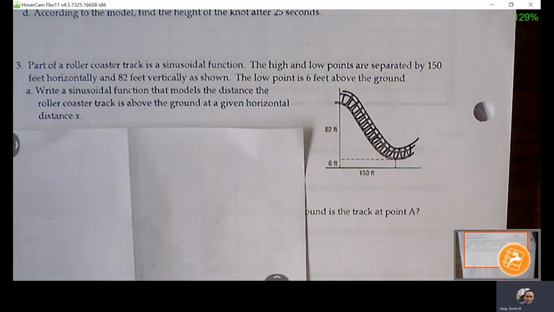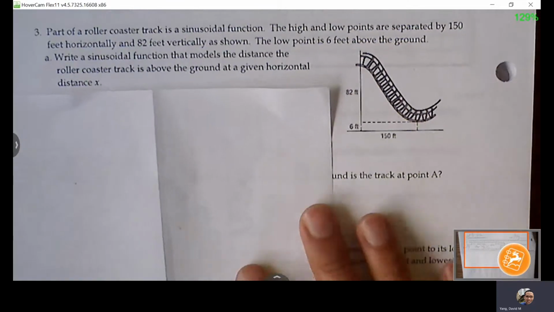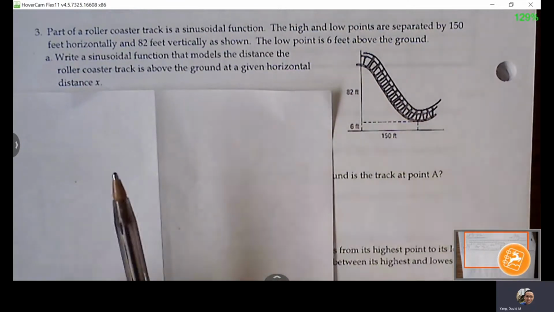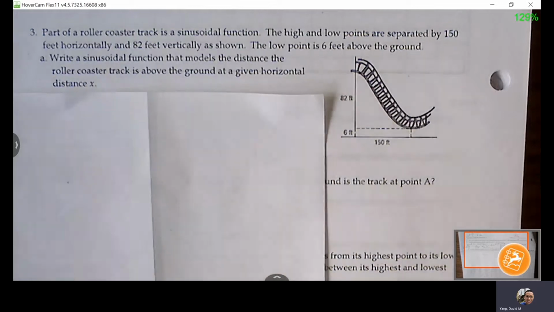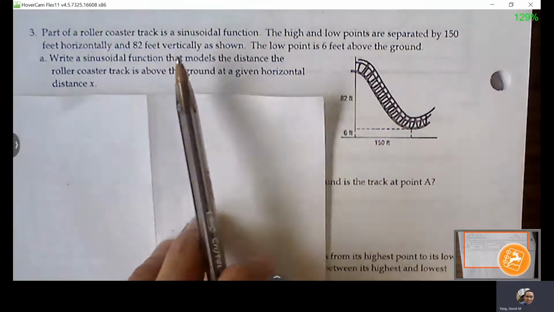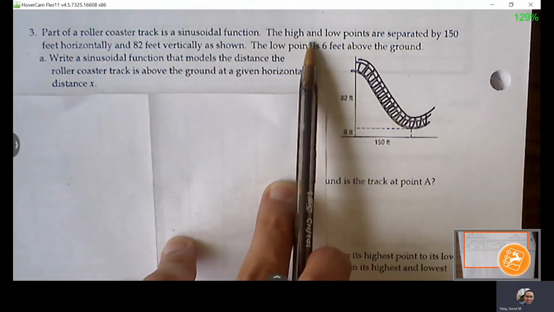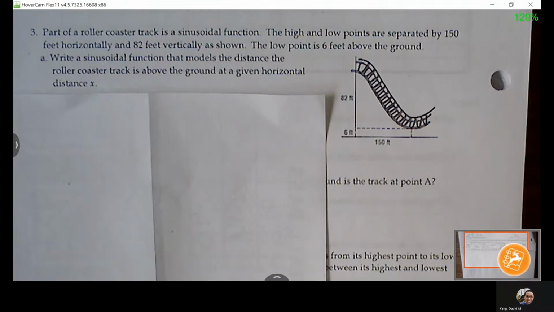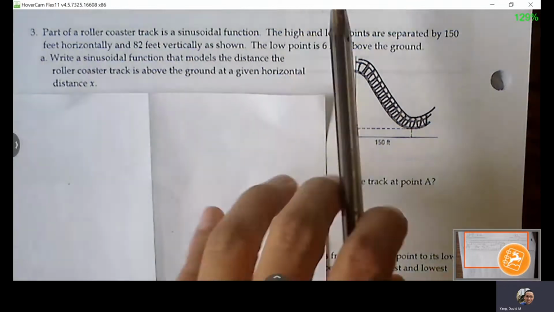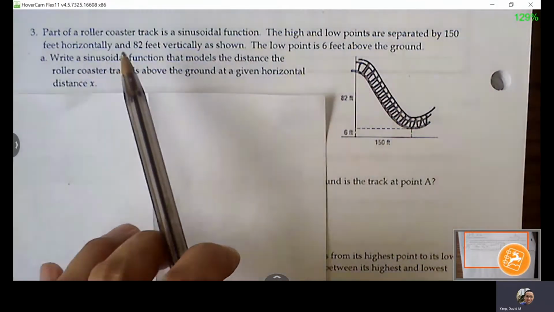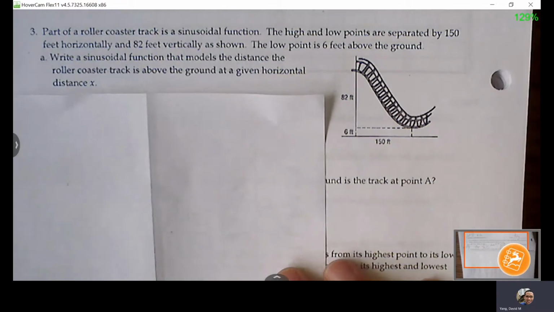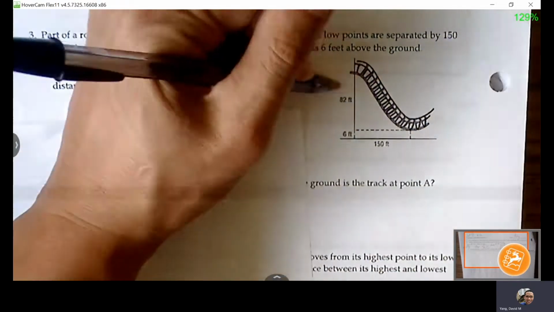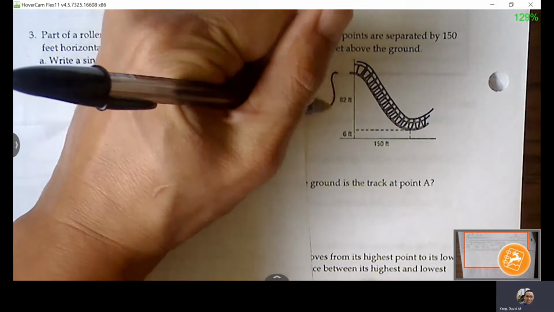Okay, here's number 3. Let me read the problem here. Part of a roller coaster track is a sinusoidal function. The high and low points are separated by 150 feet horizontally. 82 feet is the distance from the highest point on the track to the lowest point on the track.